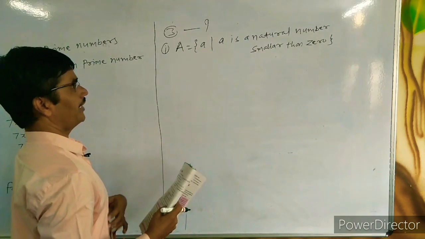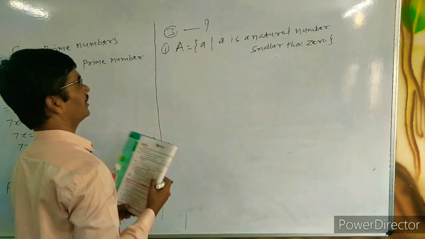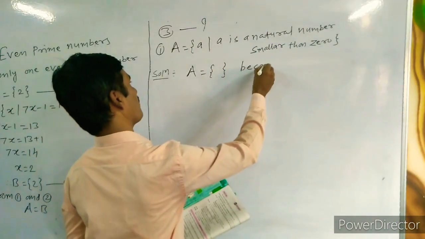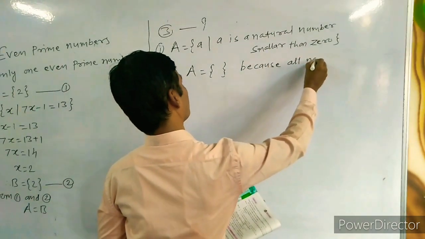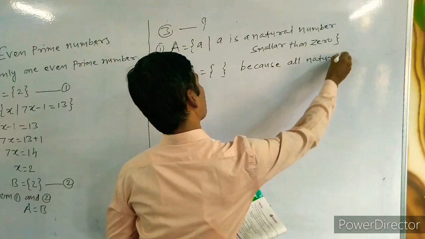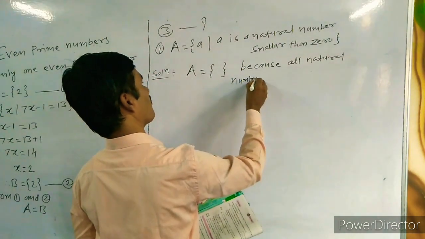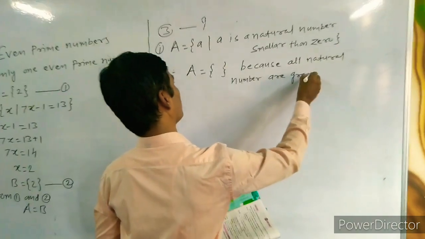We cannot find the natural number smaller than 0.